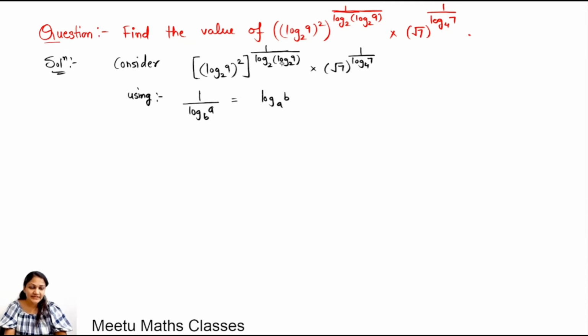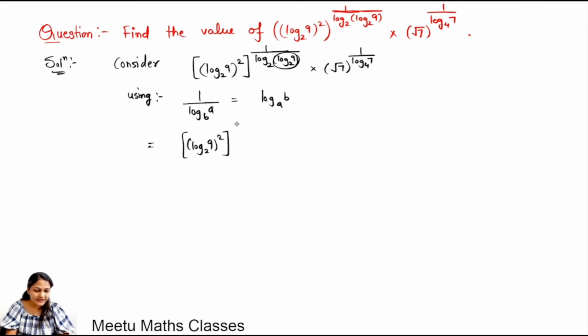So using this property in the powers, we can write our expression: (log 9 with base 2) whole square raised to power, log 9 with base 2 can be considered as a and 2 as b.